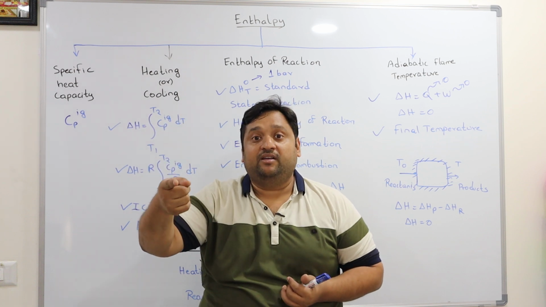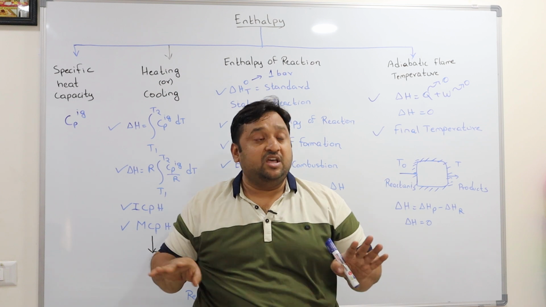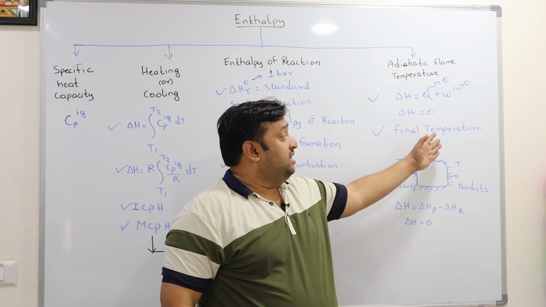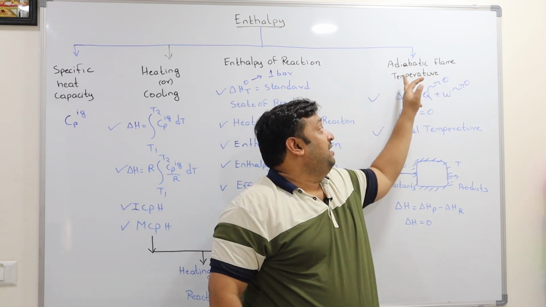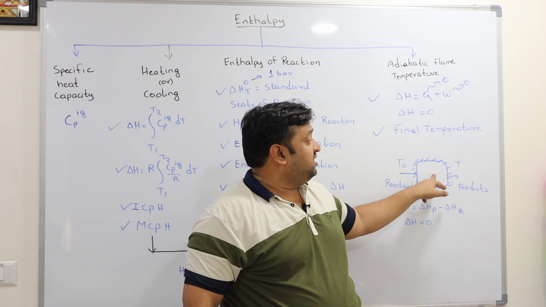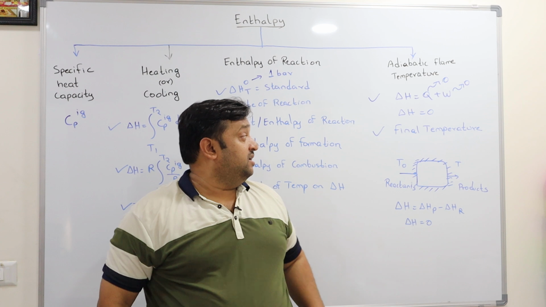You will have an idea. Based on that, you can design the materials of construction and every other design aspect. So it is important to find out the adiabatic flame temperature. That means if I close everything, what is the maximum temperature that can be attained? That is nothing but the adiabatic flame temperature.